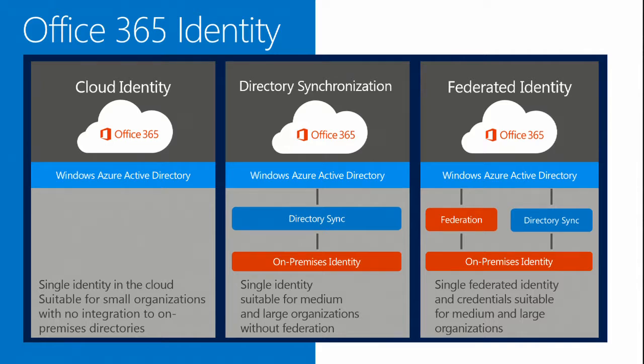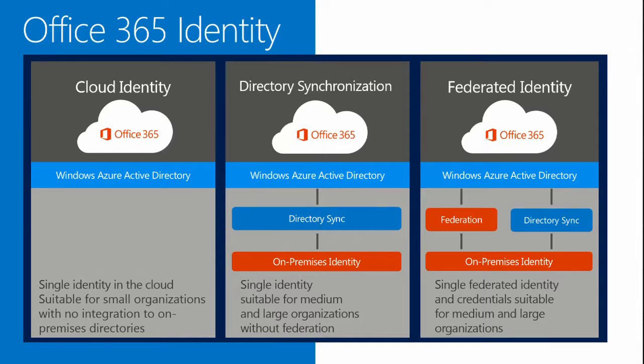Federation requires directory synchronization is the last part of this slide here. So federation is just the login. So in order for your users to appear in a directory on Office 365, you've also got to use DirSync to get the identities up there.